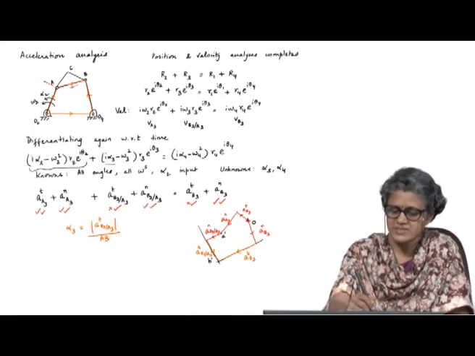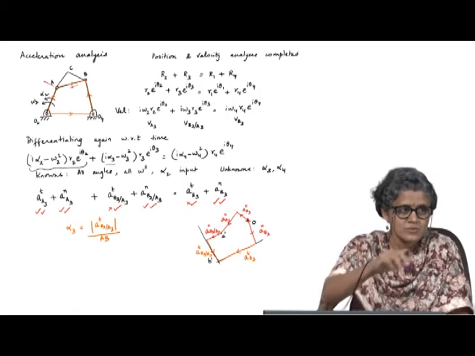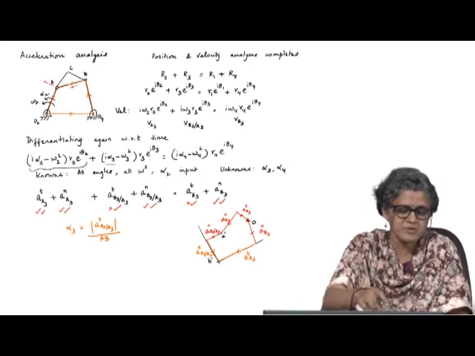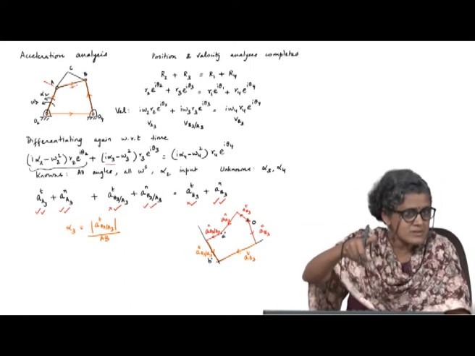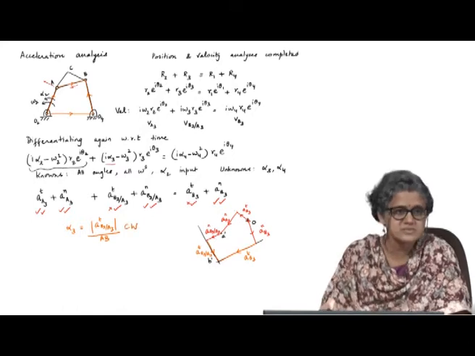So it is like this, it is perpendicular to AB in this direction, which means the vector from A to B has been rotated clockwise. So this is clockwise.